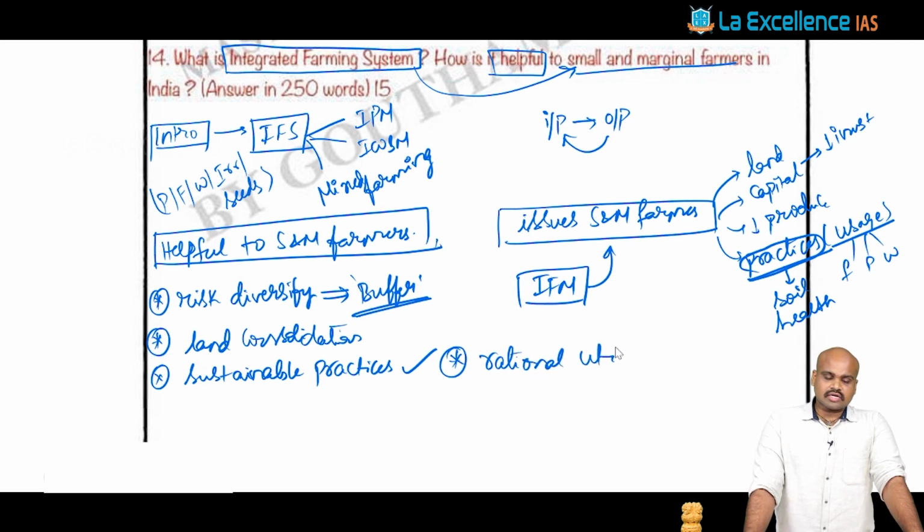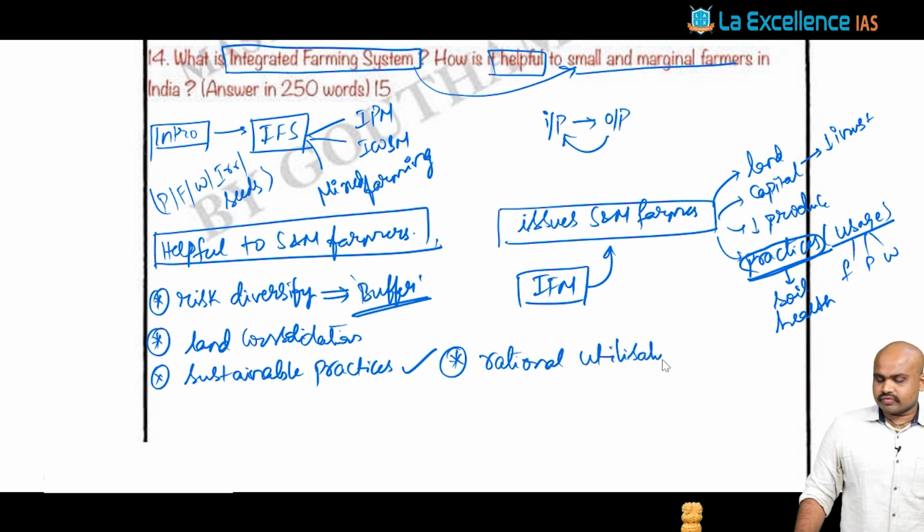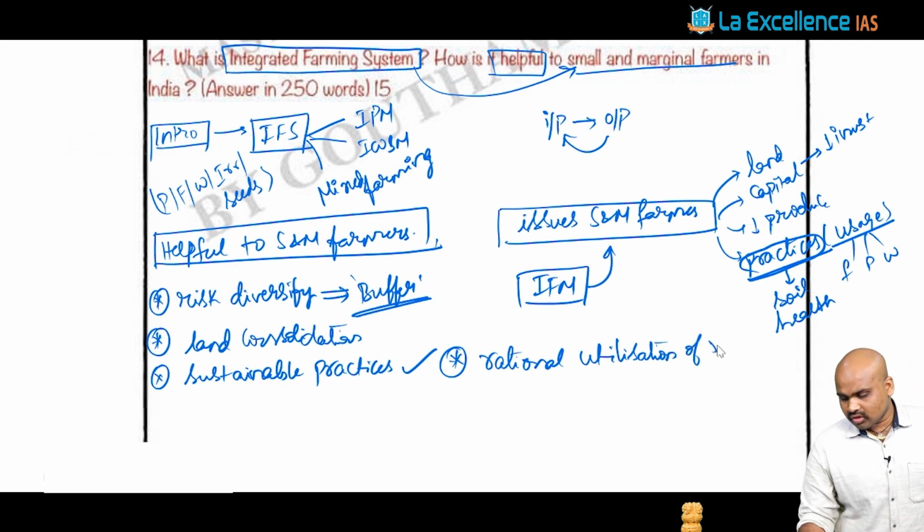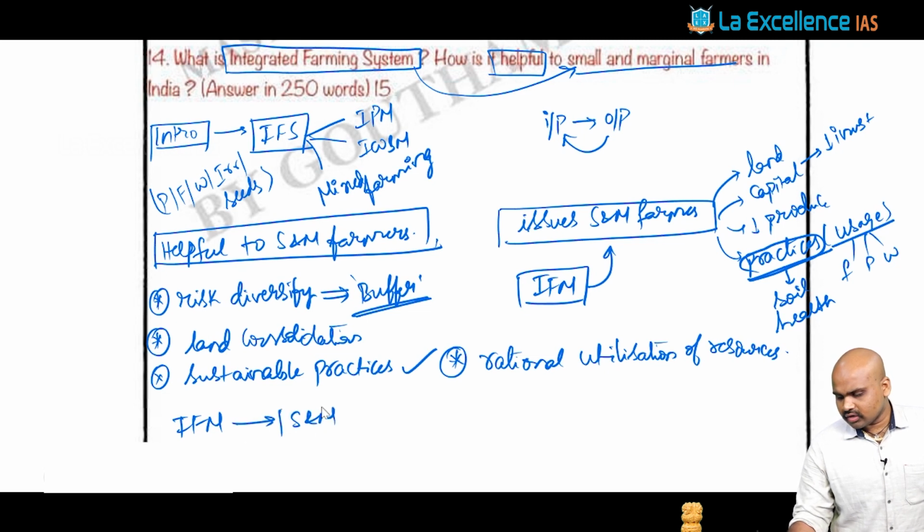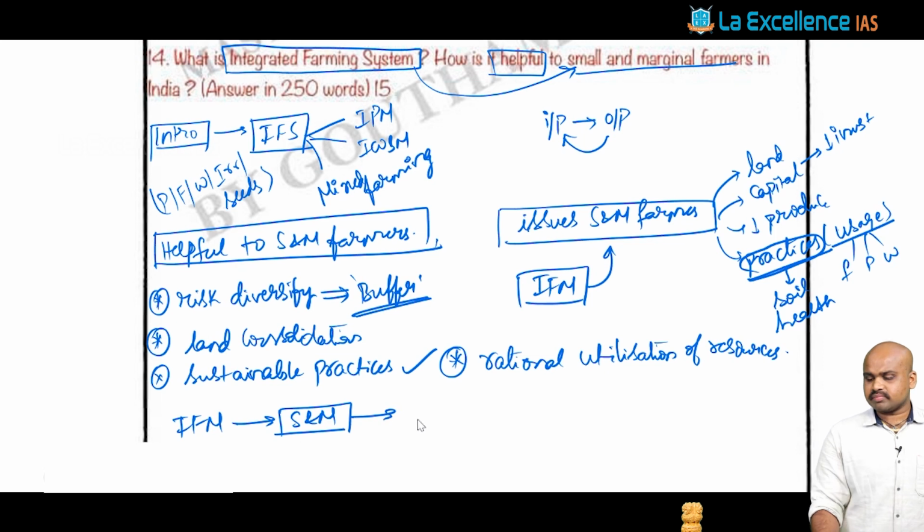So sustainable practices are also promoted in this context of integrated farming system. Then we would also talk about rational utilization of resources.